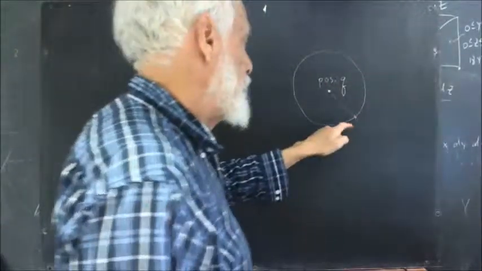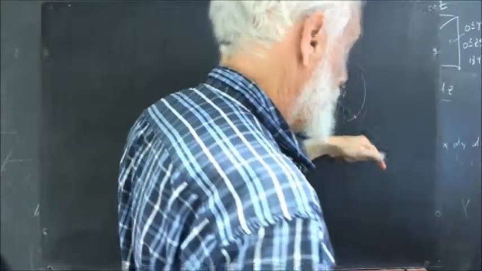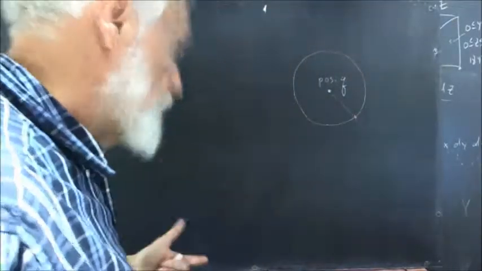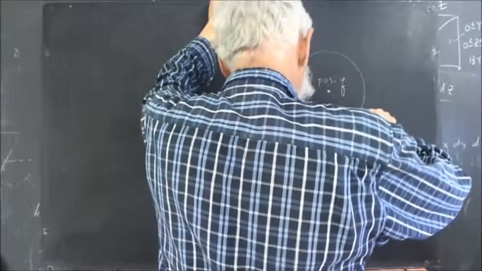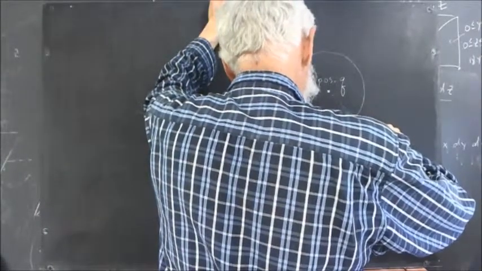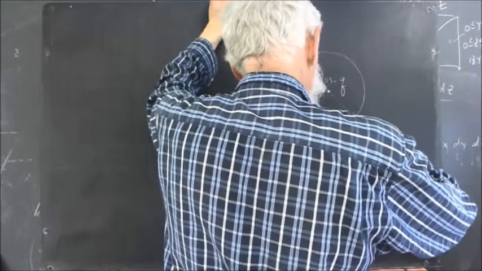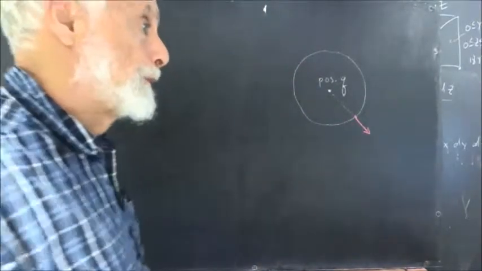If you have a positive charge at this point, it's going to be repelled. And you can go back through some of the details and see why, but that means that the electric field is going to be in the direction of that repulsion. So we could draw an electric field vector like so.